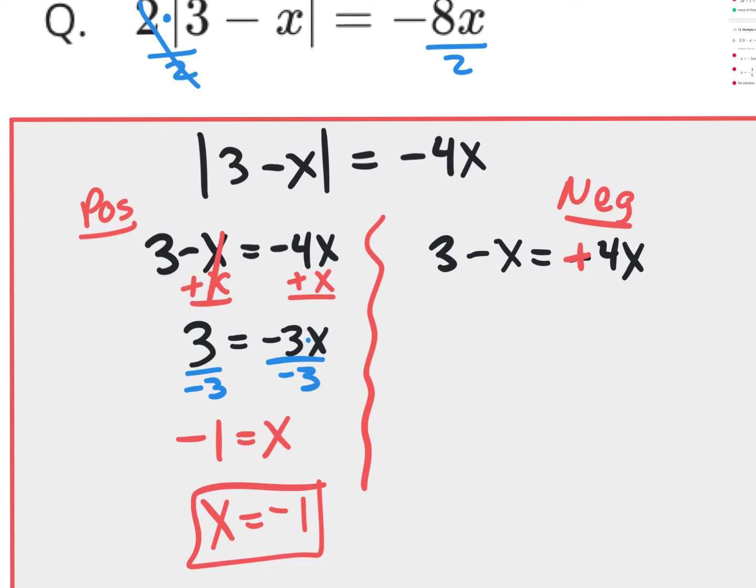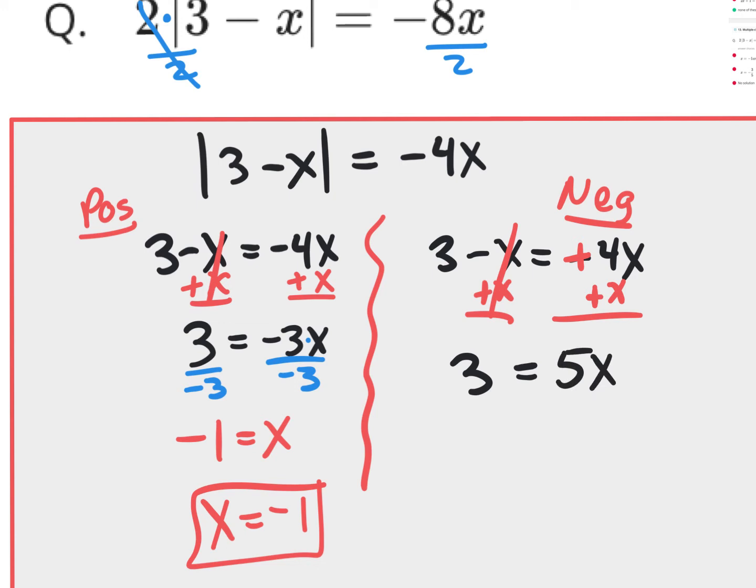That is my possible answer. I say possible because I still need to double check it and make sure I don't get extraneous solutions. Let's solve the negative situation right now. Let's get the x's to one side and the numbers to the other. So I'm going to add x. So I end up with the 3 coming down, the equal sign. 4 plus x, 4x plus 1x is a total of 5x's.